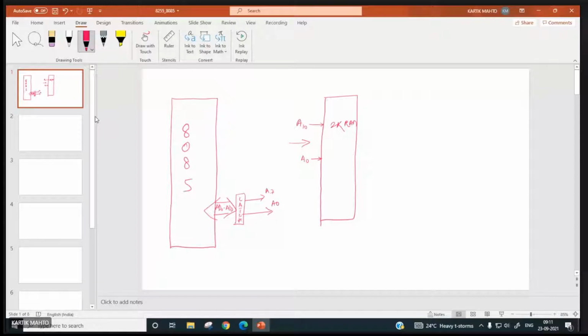And A8 to A15 is nothing but the address bus. So A8 to A10 will come out from these pins, A8 to A15 pins, while A0 to A7 will come out from AD0 to AD7.